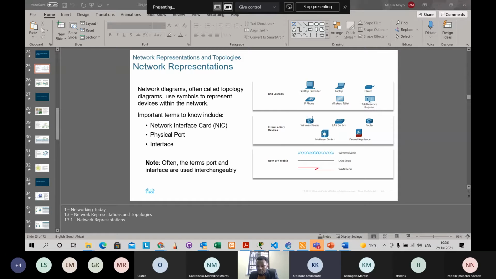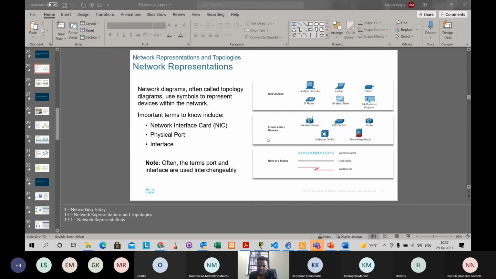Yes, you said a client or a workstation device. Some call it a client, some call it a workstation. What's the other term, the last one? A host. A host, right? So all of the devices that you see there at the top, the IP phone, the wireless tablet, are called end devices, workstation, client, and so on.